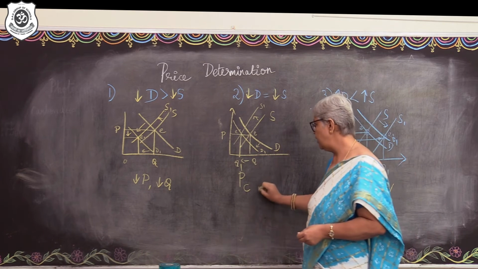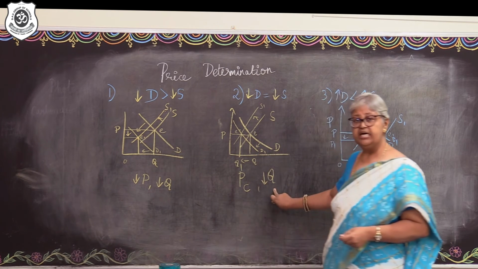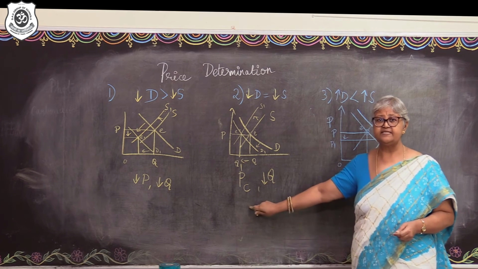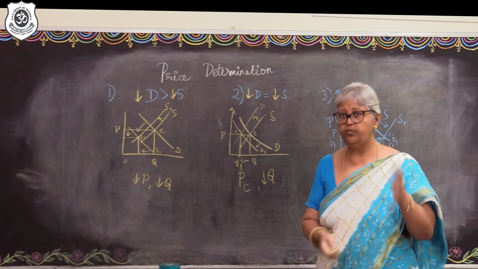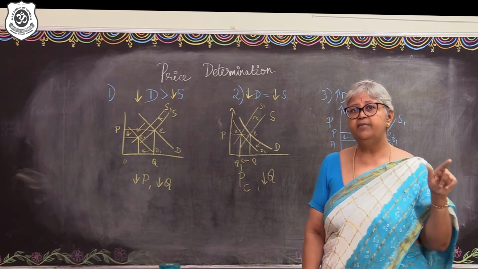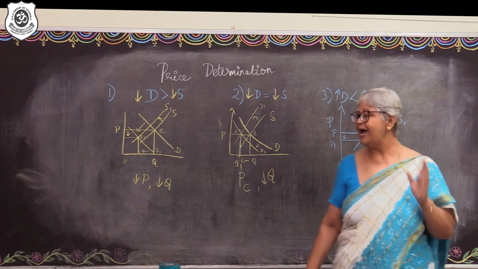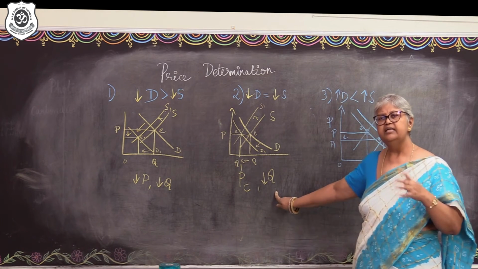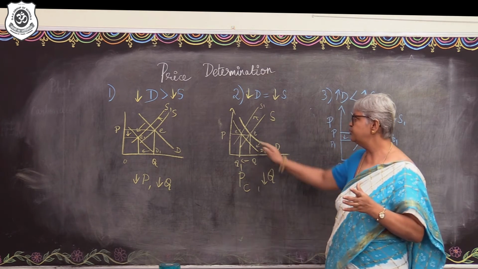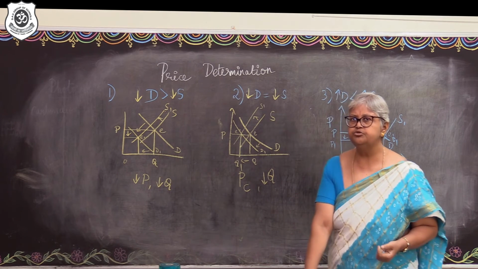That is, a lower output will be transacted in the market at the same price. Right? So this is the second outcome, when the fall in the demand is going to be matched by a fall in the supply, at a constant price, and at a lower output, the market will attain its new equilibrium. Right? So that's outcome number 2.